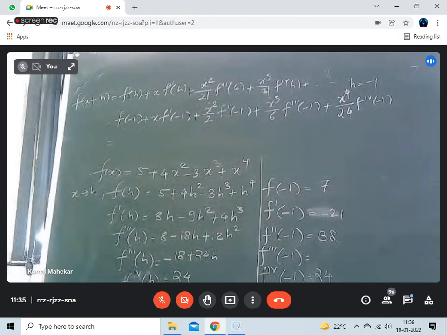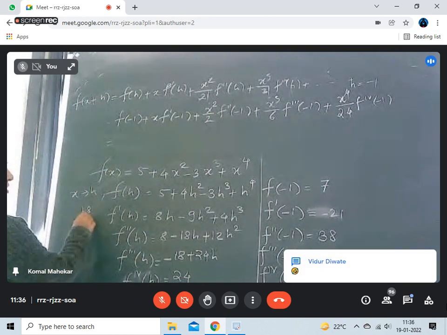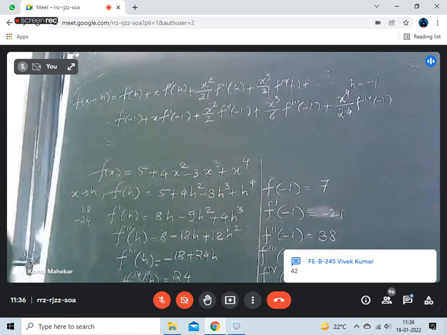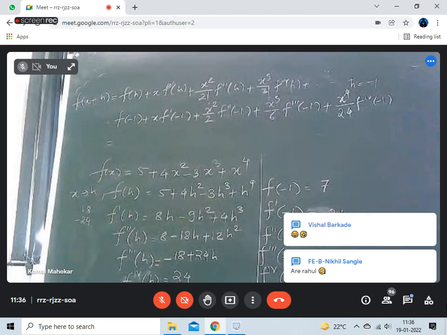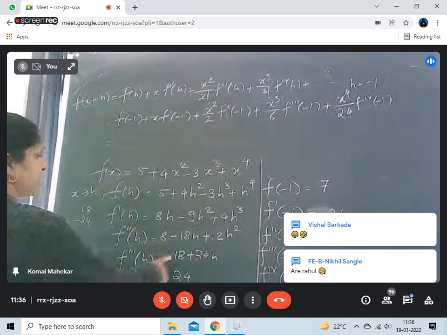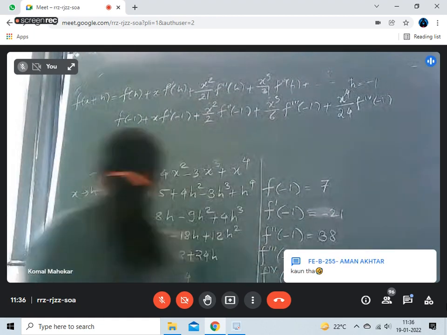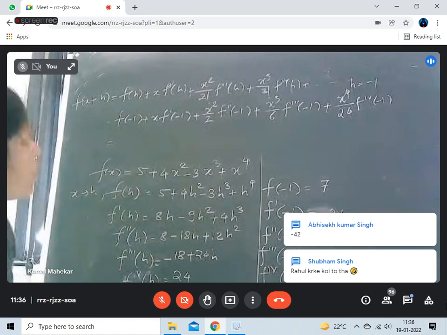Then next one, F triple dash: minus 18 minus 24. Okay. So these are the values. Yes, it is minus 18. Minus 18 minus 24, minus 42. Yes, correct. Now you will substitute all these values.